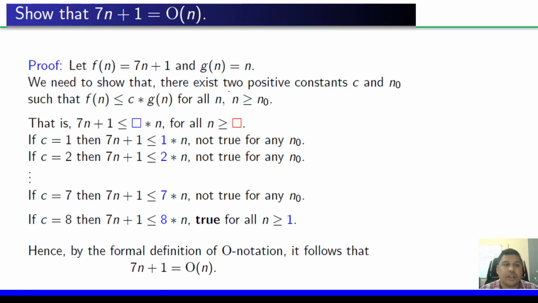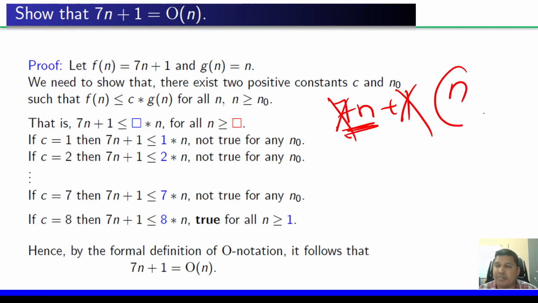Then let's see a small proof that shows that 7n plus 1 is big O of n. Let's see this proof and understand why. What is the order of growth of 7n plus 1? It's very clear. Ignore the constants. I hope you remember the rules: ignore the constants, then find out the higher order term, and for that higher order term, ignore the coefficients.